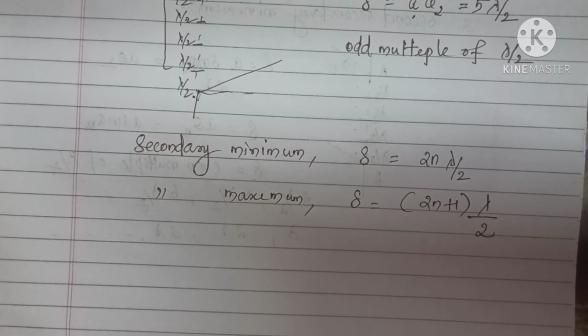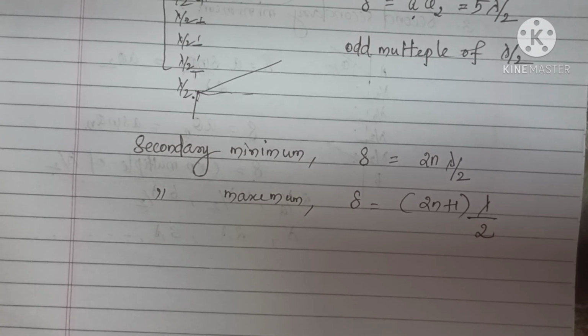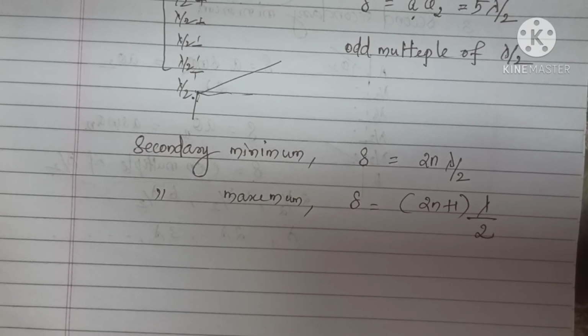Hope you understood. It is very important because you can check the previous board question papers in which this question is there, either in the form of numericals or in the form of theory. The questions will be asked from diffraction as well as from interference. So both concepts are very important and you have to study it clearly.